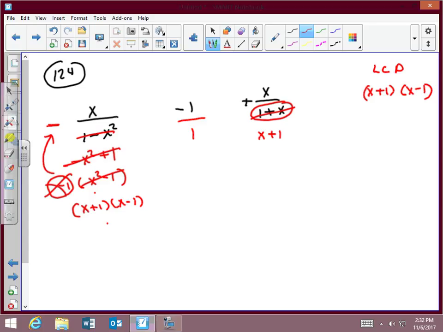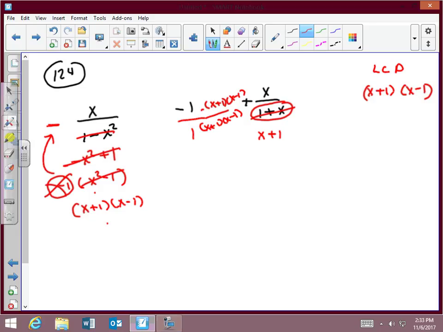Now you look at this first one and you say, I do not have to change that at all. That is the least common denominator. But this one, what do you have to multiply by? You have to multiply it by x plus 1, x minus 1, over x plus 1, x minus 1.